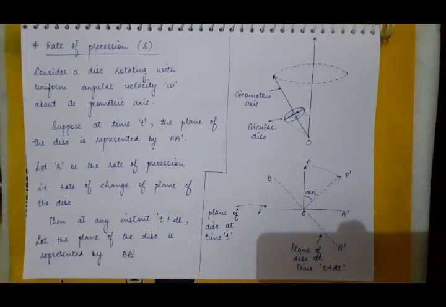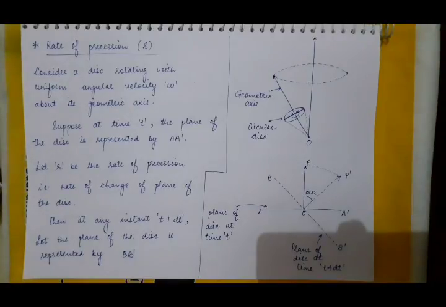Now corresponding to the plane of the disc BB dash, the direction of the angular momentum vector will be OP dash. And suppose d omega is the angle covered by the angular momentum vector or by the axis of rotation in time dt.